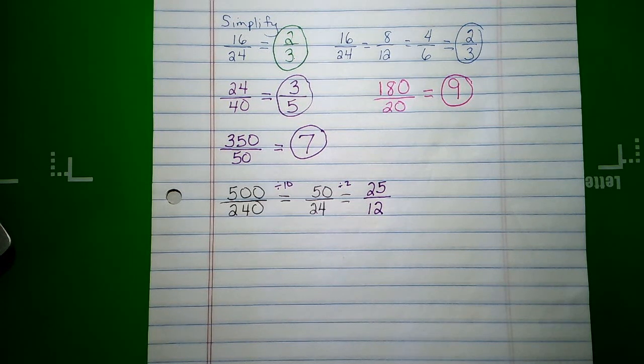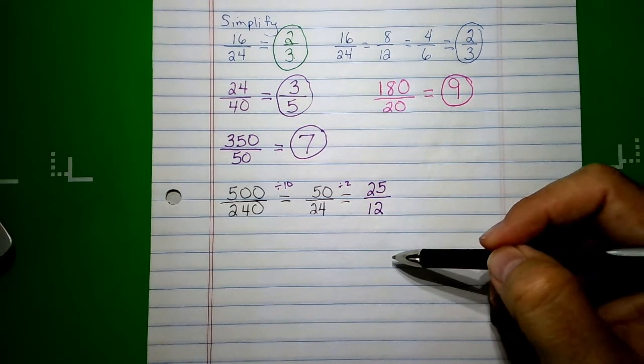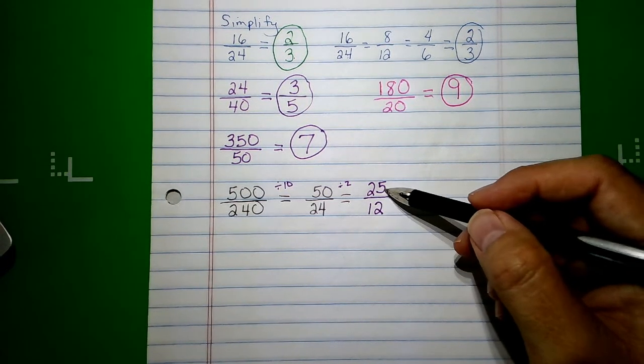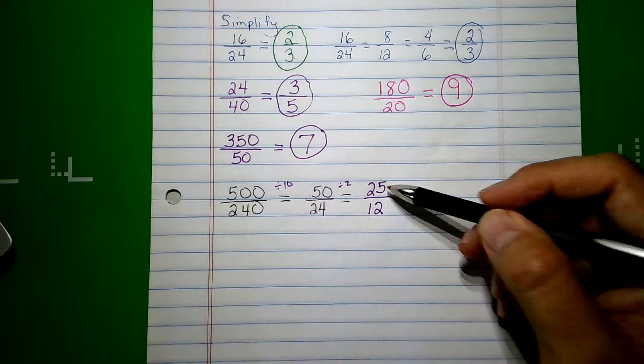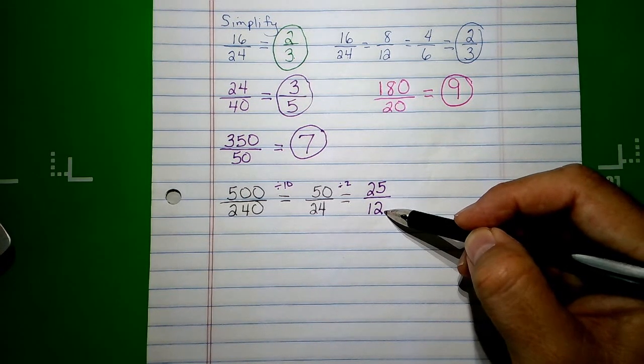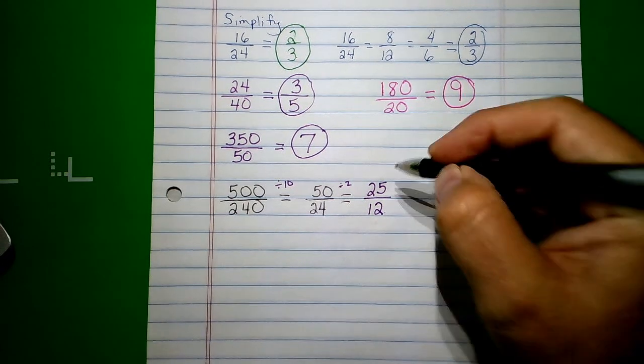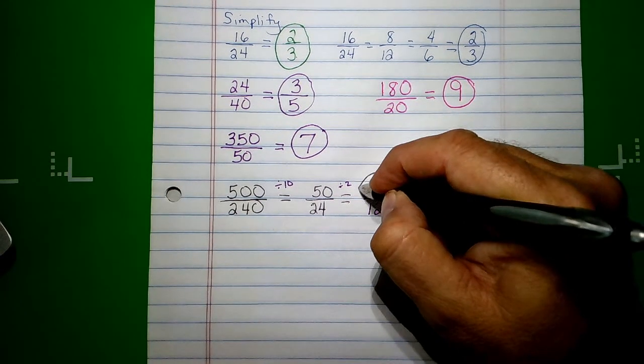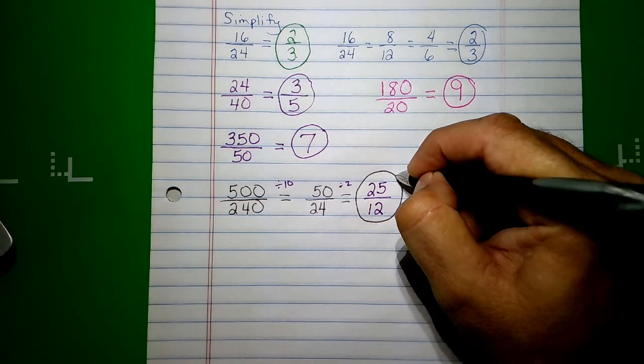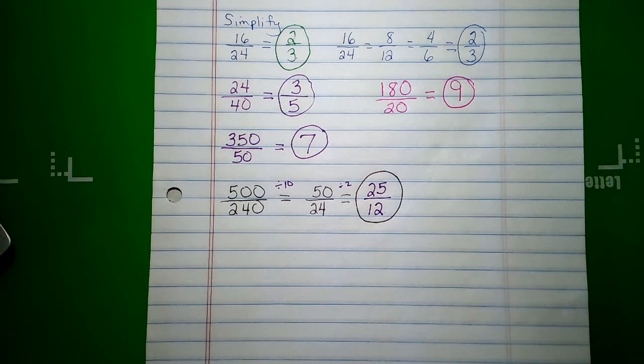In algebra, generally, we leave them as improper fractions. Also, can I reduce it any further? Well, the only thing other than 1 and 25 that divides into 25 is a 5, and it certainly doesn't divide into 12. So that is our reduced fraction, 25 over 12.